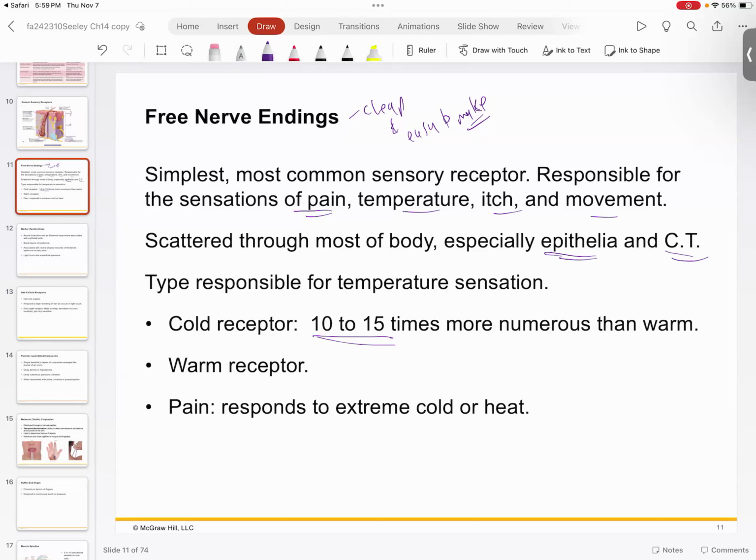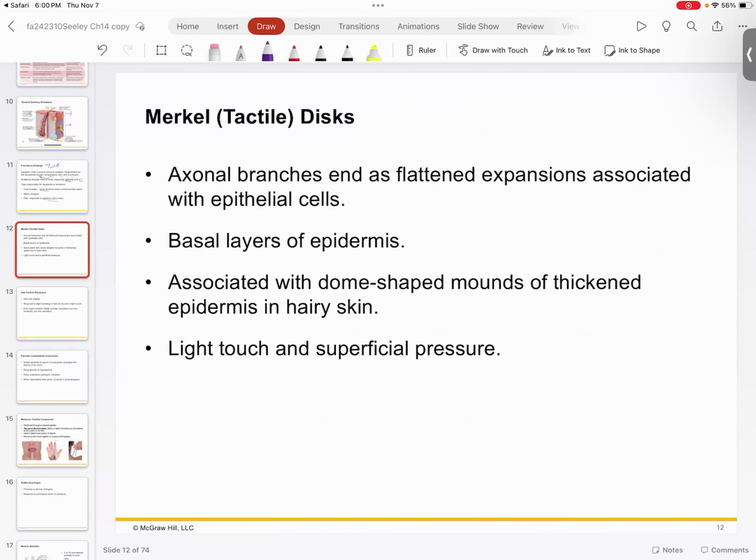And then, of course, the pain will kick in when we start to get extreme cold or extreme heat. So you can cross over between just, wow, that's cold, to ouch, it hurts, it's so cold, or ouch, it hurts, it's so hot. So you can see how you can move from temperature into pain, and you can do that with either.